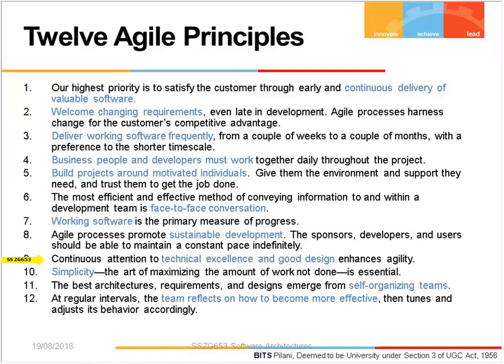And there should be an attention to technical excellence, absolute perfection, good design. And we are not talking about only architecture, we are talking even about design for your application design, object-oriented analysis and design. The best software in the world and the best code in the world is also simple code.